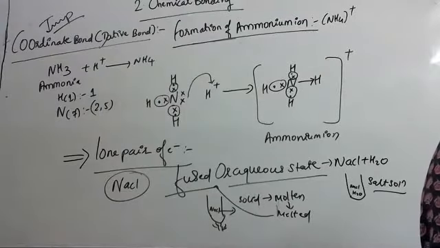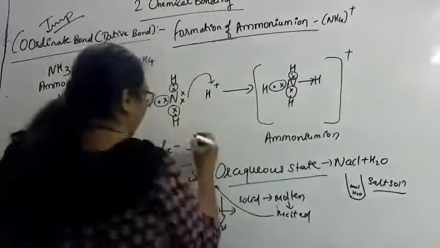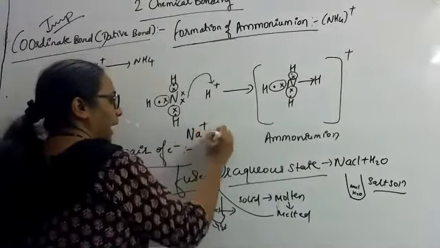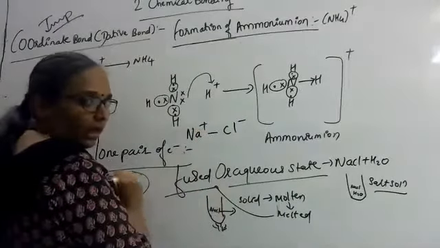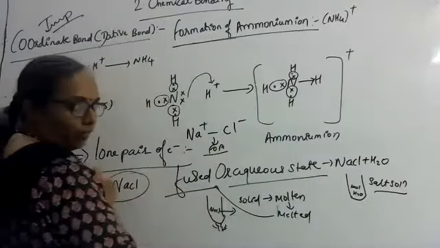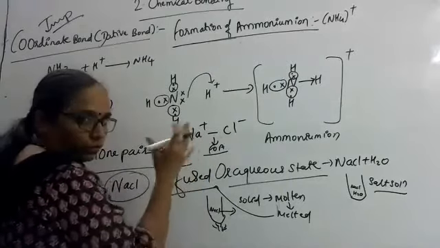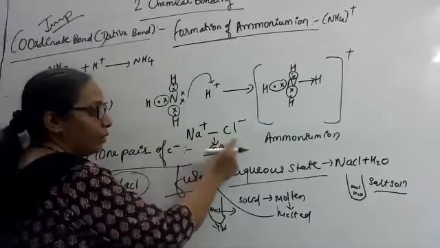See, sodium chloride, when we heat it or when we dissolve it in water, NaCl, the force of attraction that is present between Na plus and Cl minus. Both of them there is a strong electrostatic force of attraction. Electrostatic force of attraction means what? The force, the bond that is formed by transfer of electrons.